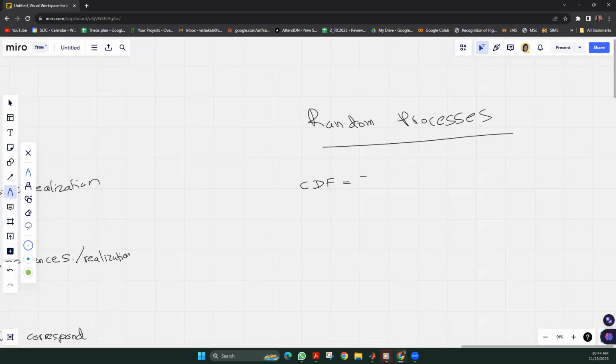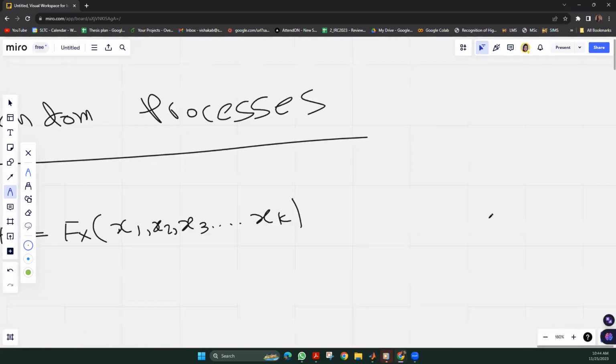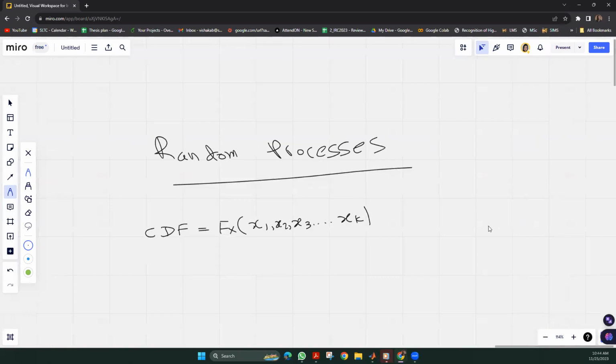So the CDF function for a certain random process with random variables x1, x2, x3 up to xk, under certain time instances n1. Let's say the time instances are denoted using n.